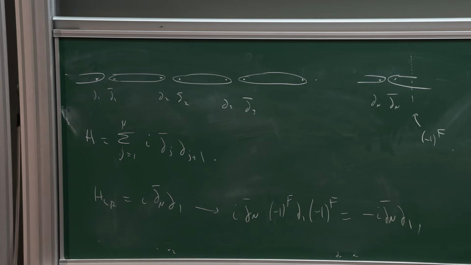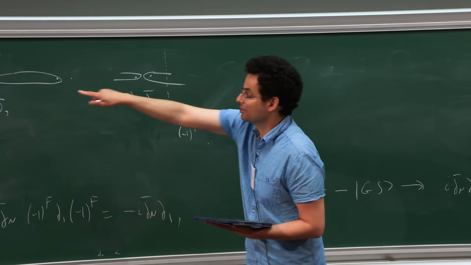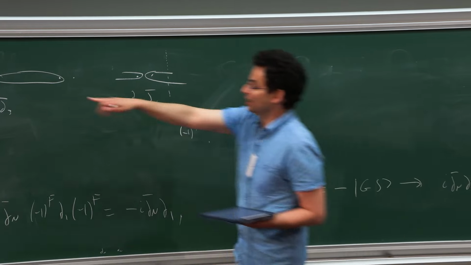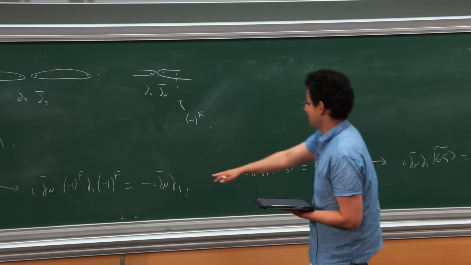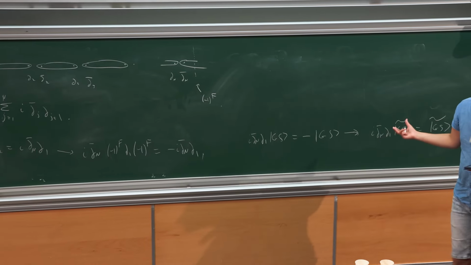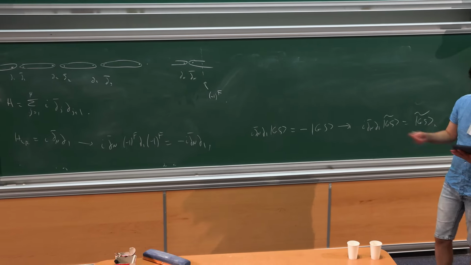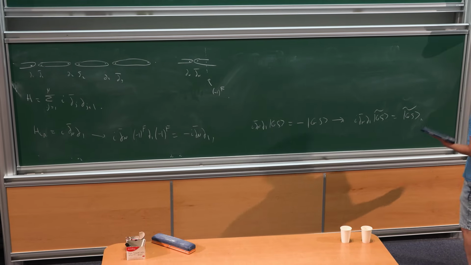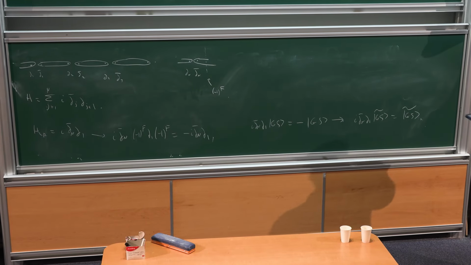And now we are connecting up these two Majoranas, and we are switching the sign of I gamma n bar gamma 1 in the ground state, so the fermion parity of the ground state switches. Let me write that down.